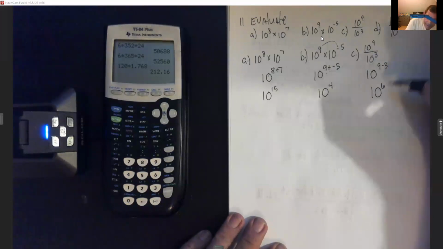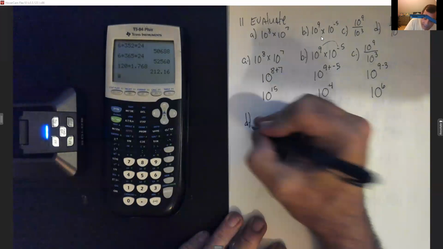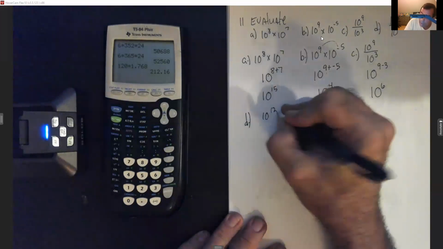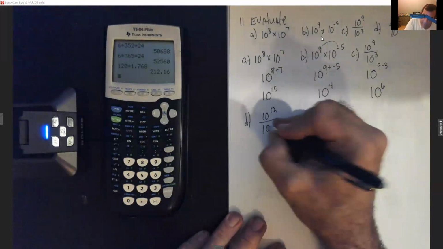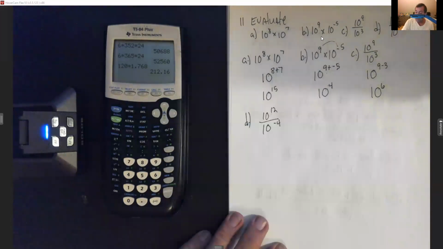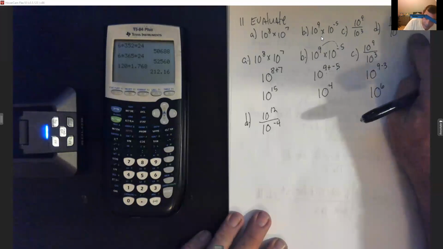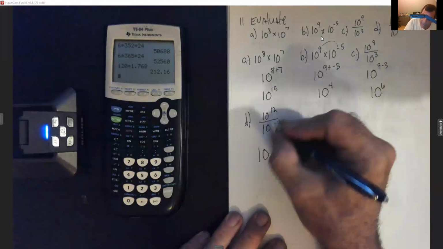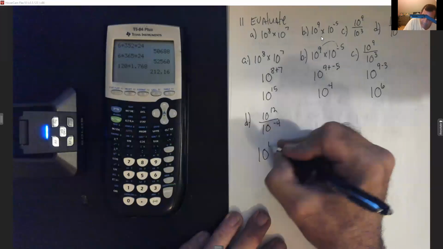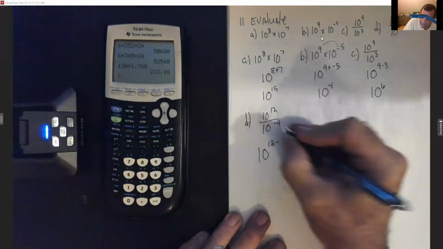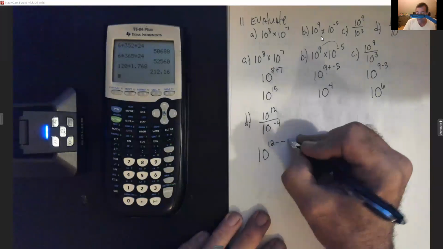On the bottom is 10 wrote 3 times, and 3 of those would cancel out, leaving the 6. All right, D is 10 to the 12th over 10 to the negative 4th. Now remember, on these exponents, you got to take the top minus the bottom. So this will be 10, because they both match, 12 minus negative 4.